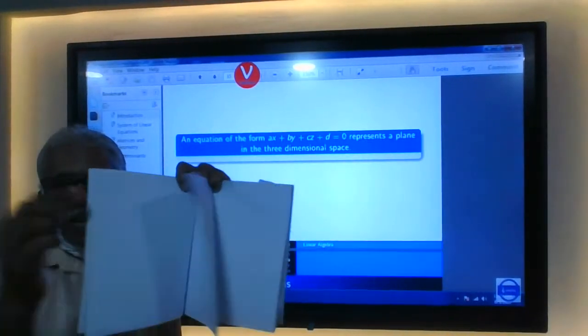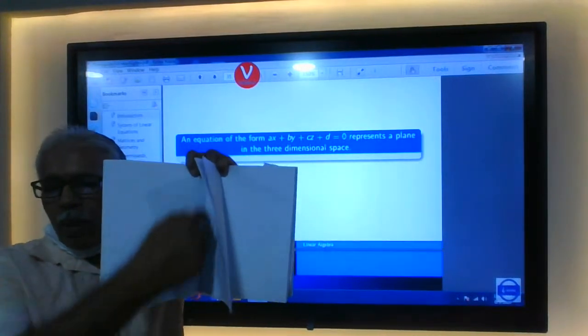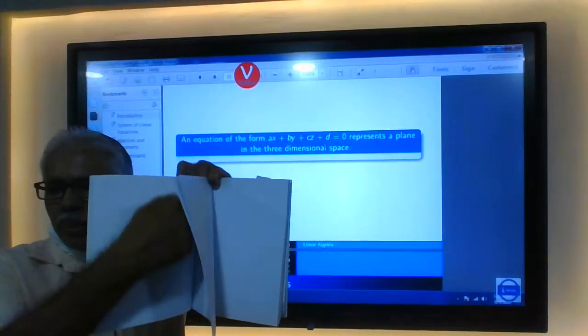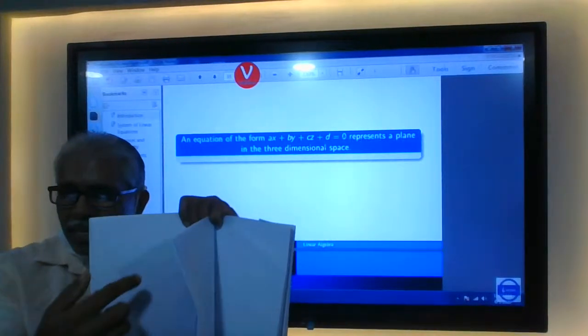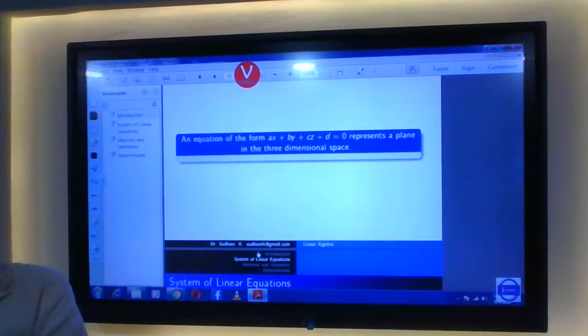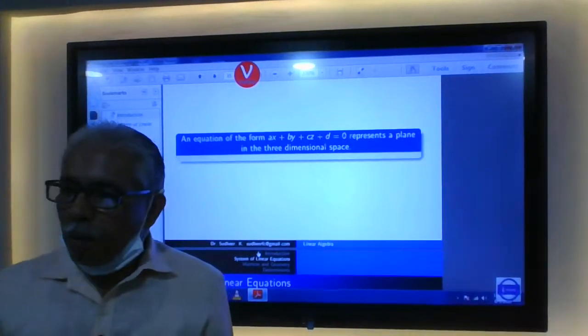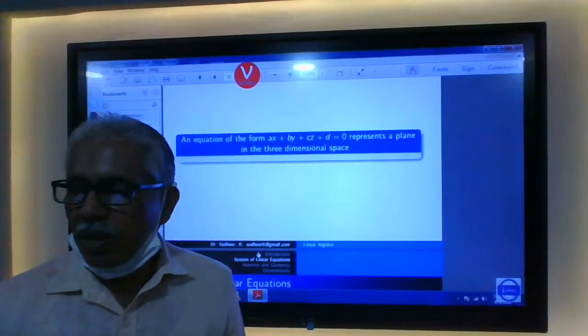And these three planes have a common line, a line of intersection of the three planes. In that case, there are infinitely many points common to all three planes. Is it not?